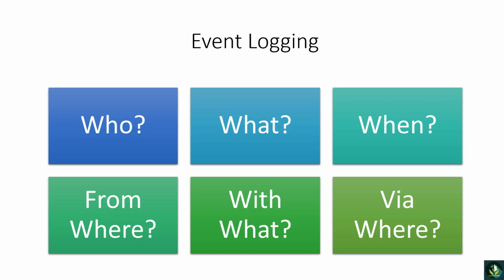And finally, where. So what path did the person take to get to the site? You can get that from the referrer in the request header. This tells you interesting things when you have an attack like CSRF that I spoke about previously.